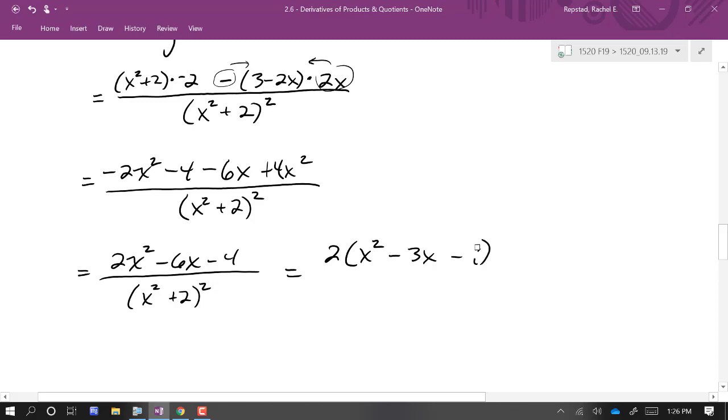Oh, minus 2. And then when I have something that's a fraction, sometimes even if it isn't a fraction, I always try to see, could I unfoil that? And I'm pretty sure that's irreducible, so I think I'll leave it as it is. So there's our Q prime of x.